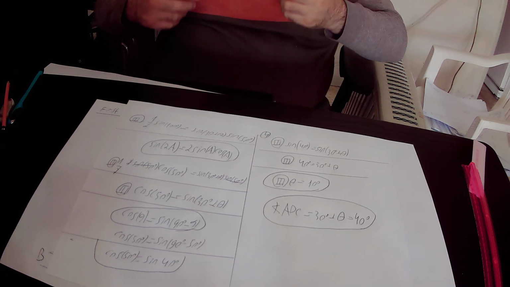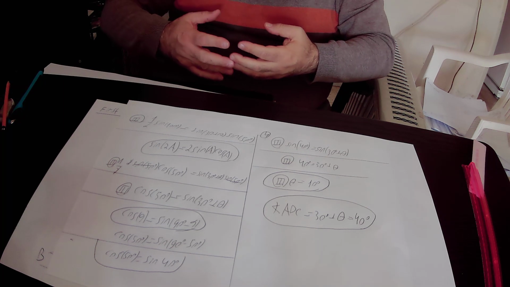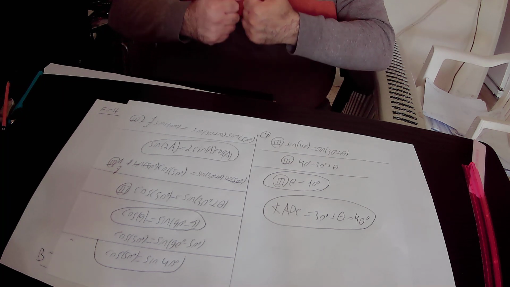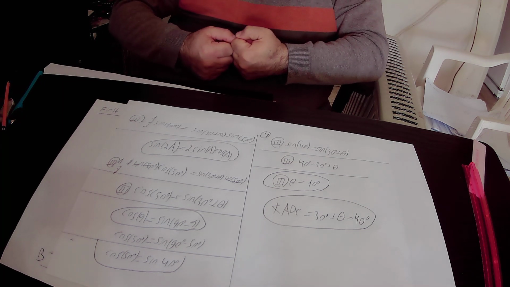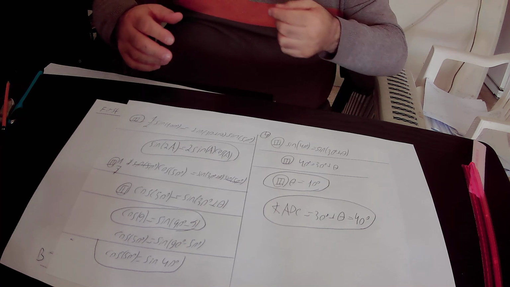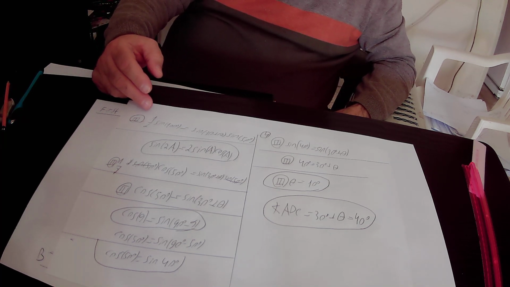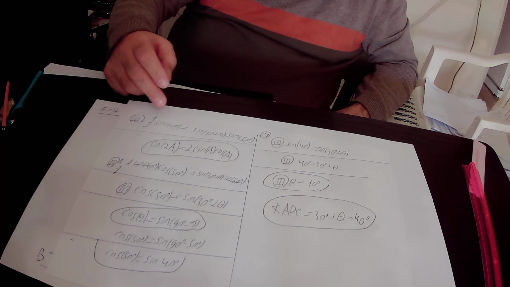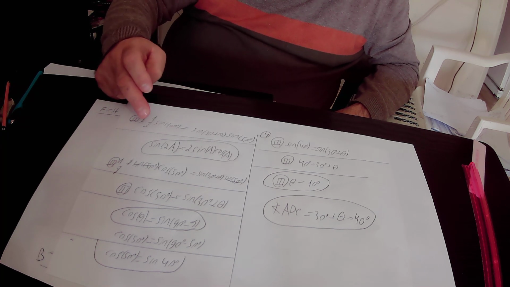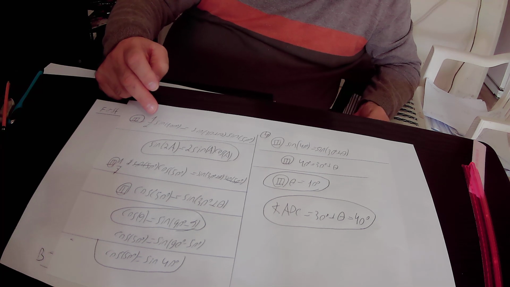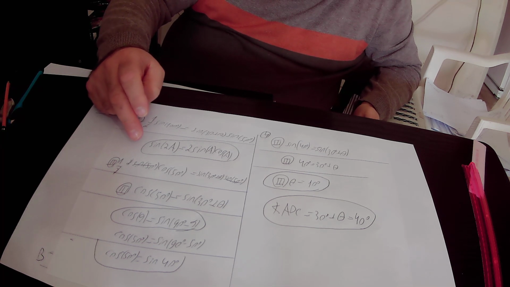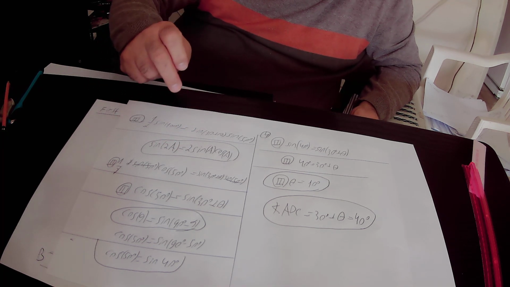Here we use the trigonometric identity that sine 2a equals 2 sine a cosine a, in order to find the value of sine 100 degrees. According to this identity, sine 100 degrees equals 2 sine 50 degrees times cosine 50 degrees.